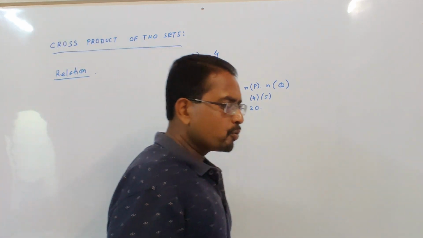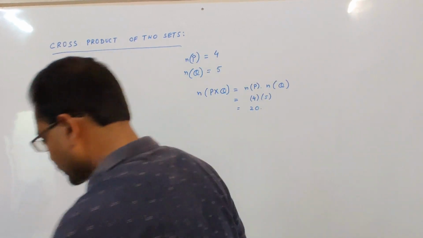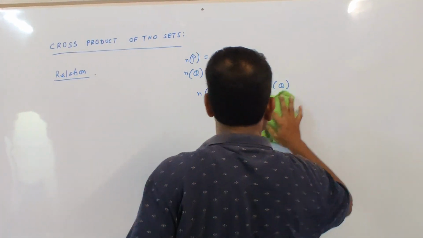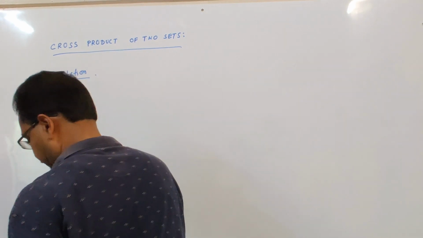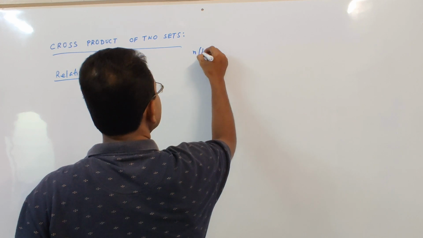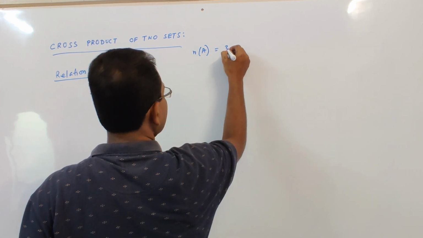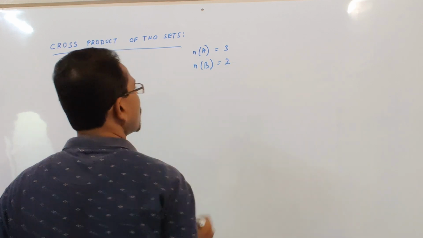Well, now suppose we have two sets A and B, and the number of elements in A is 3 and the number of elements in B is 2.